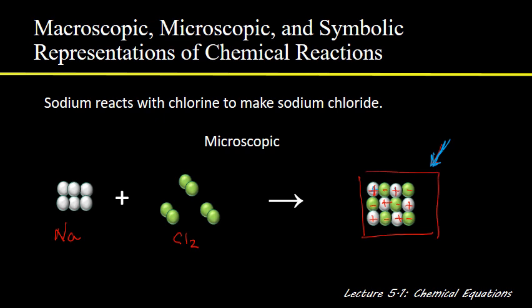Now we can also look at a symbolic representation, right? Both the macroscopic and the microscopic are useful. They're good descriptions, but it's hard to write that. We don't want to have to draw these pictures every time. So the symbolic representation is a way to do this much more concisely.